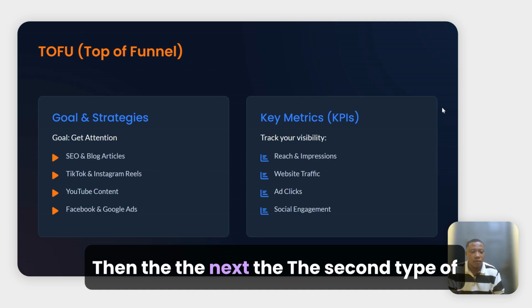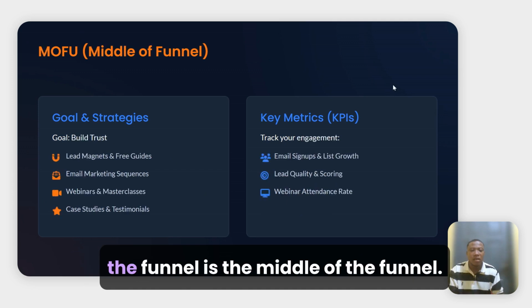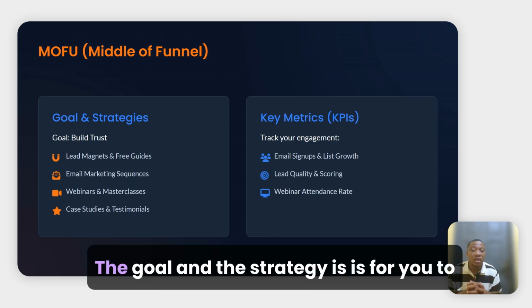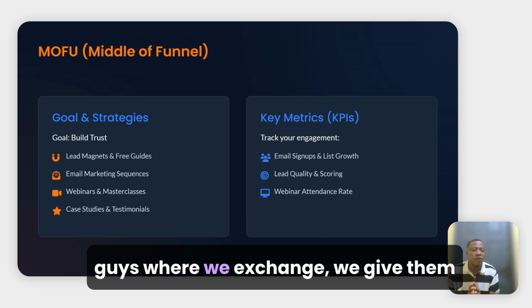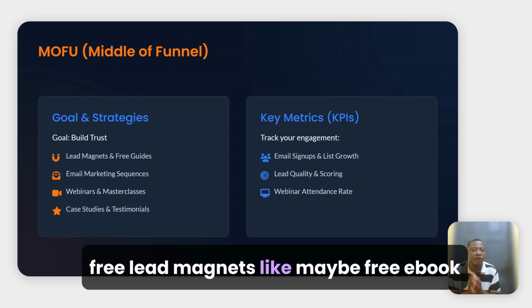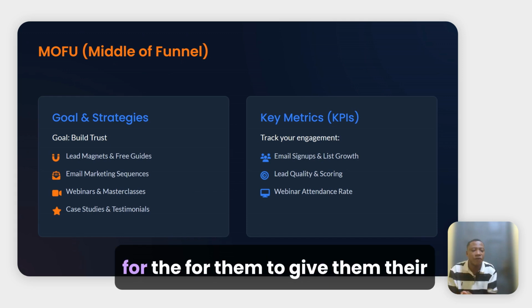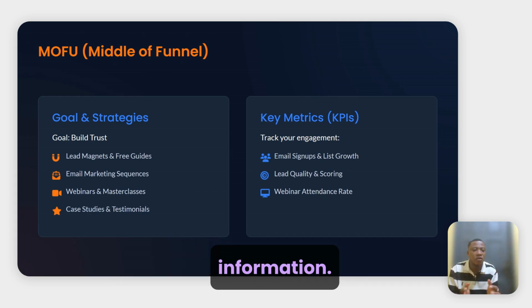Then the second type of funnel is the middle of the funnel. The goal and the strategy is for you to build trust. So here we do lead magnets and free guides, where we give them something free, like maybe a free ebook, for them to give us their information.